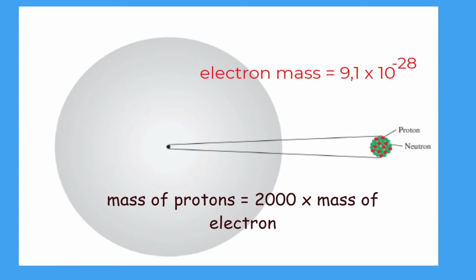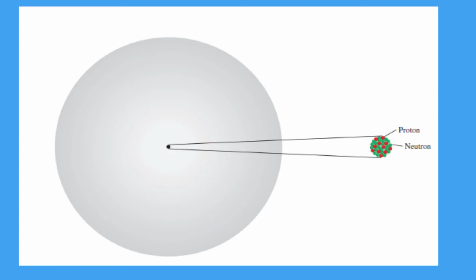That's why we may neglect the electron mass. Chadwick found the neutron by comparing helium and hydrogen, and we became familiar with the new subparticle called the neutron, which has no charge but has a mass.